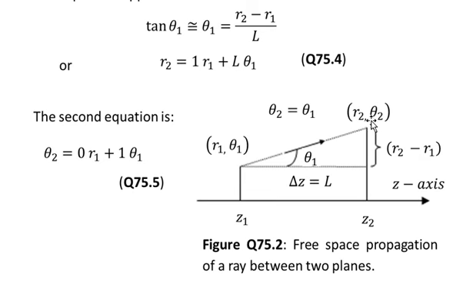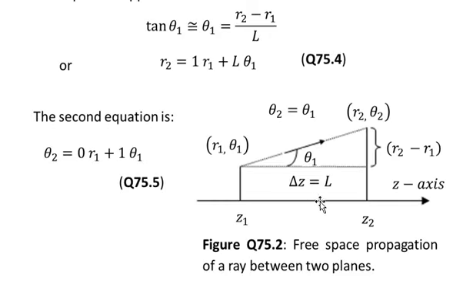The ray initially makes an angle θ1 with a line parallel to the Z axis. The distance delta Z equal to capital L is the separation between the Z equal to Z1 and Z equal to Z2 planes.